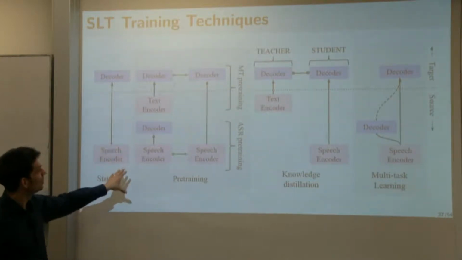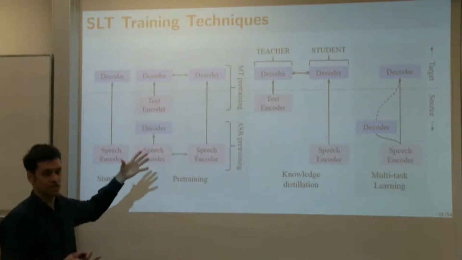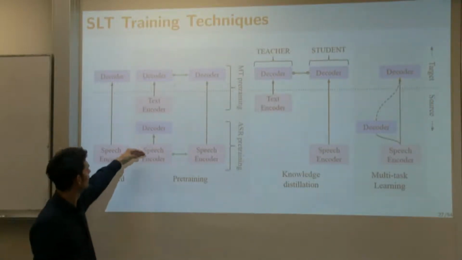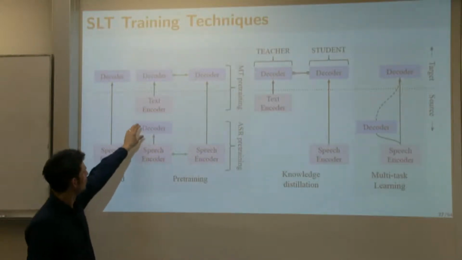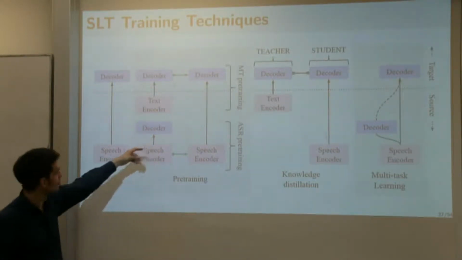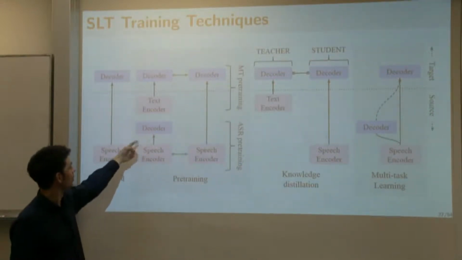So what you can do is you can pre-train, you can use additional data. You can pre-train only the speech recognition, where you have the speech encoder trained to produce the golden transcript. So for this you would use maybe a larger speech corpus.